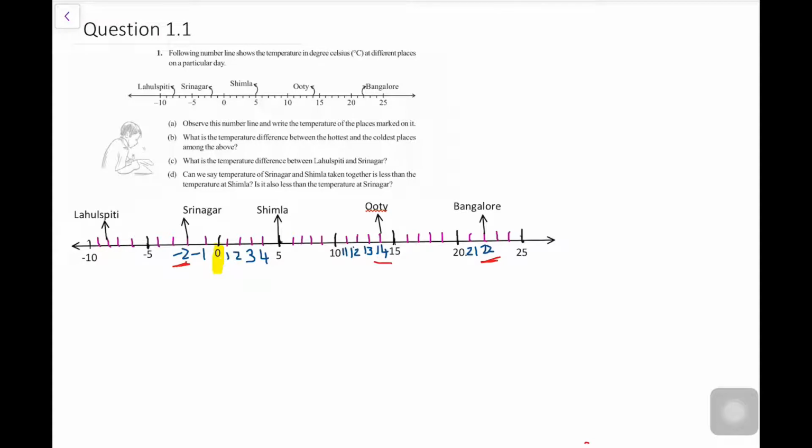Now you need only the temperature of Lahul Spiti, and to know that, after -5 you mark -6, then you have -7 over here and -8, and -8 corresponds to Lahul Spiti. Okay, so now you have all the temperatures, and you can just write it down.